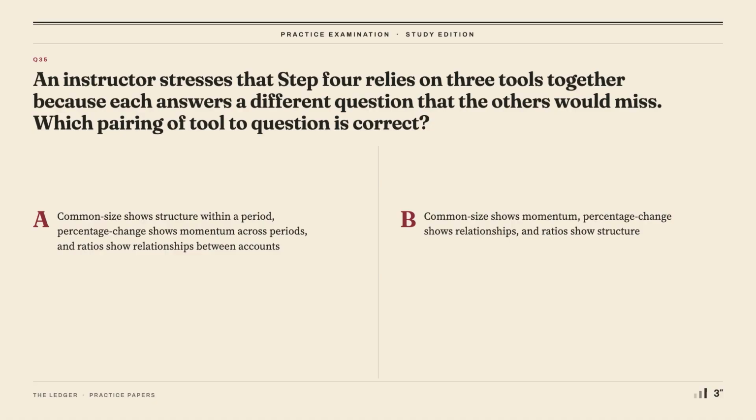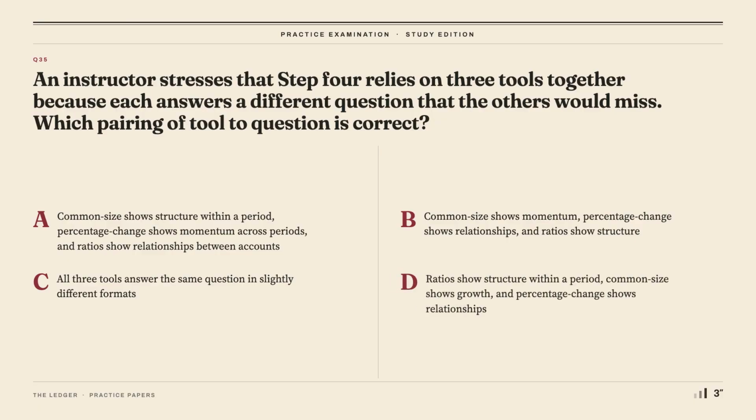B. Common size shows momentum, percentage change shows relationships, and ratios show structure. C. All 3 tools answer the same question in slightly different formats. D. Ratios show structure within a period, common size shows growth, and percentage change shows relationships. Before I reveal it, which one do you think is right?